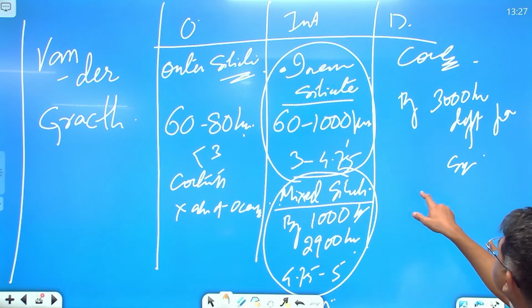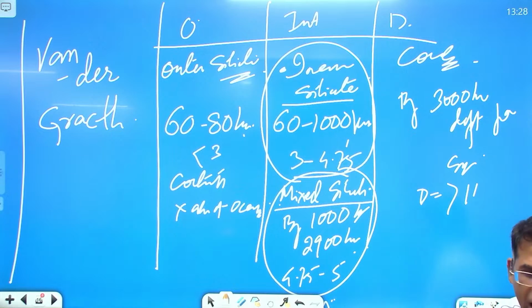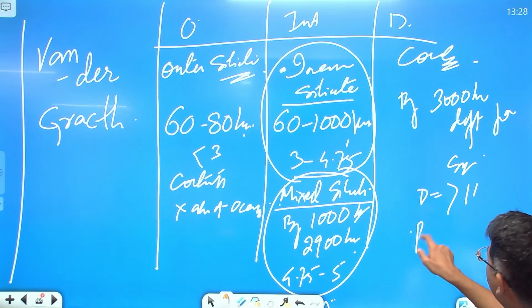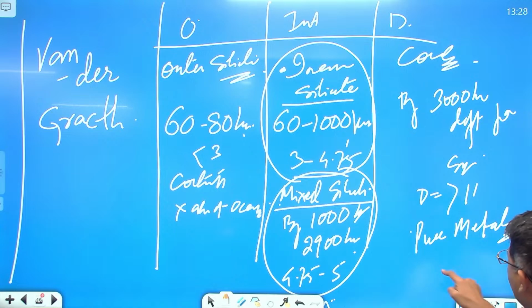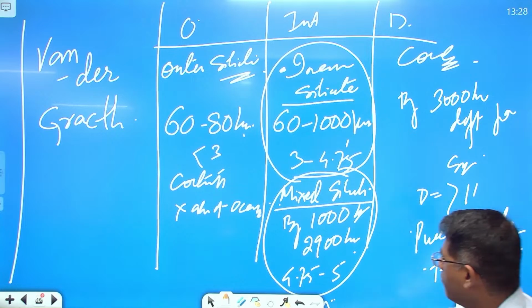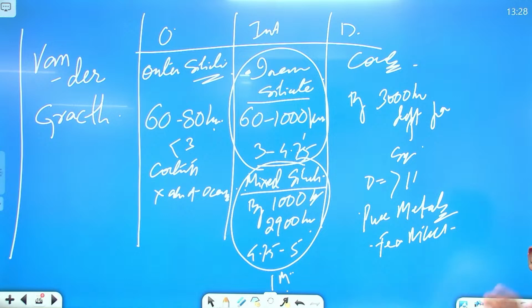And this density is more than 11, and this is pure metals, mostly iron and nickel.